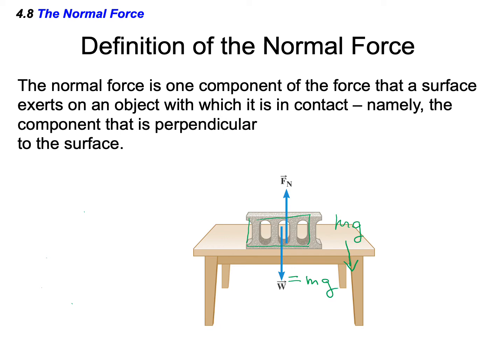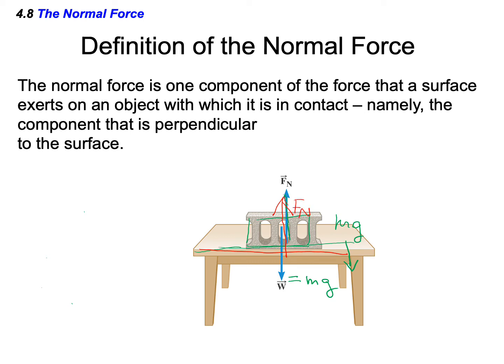You cannot have just one force. You have to have a similar force in the opposite direction in order to balance that one. So if this brick is sitting on a flat surface, we define a new force. It's called normal force, which is perpendicular to the surface, or normal to the surface. So that force is Fn.